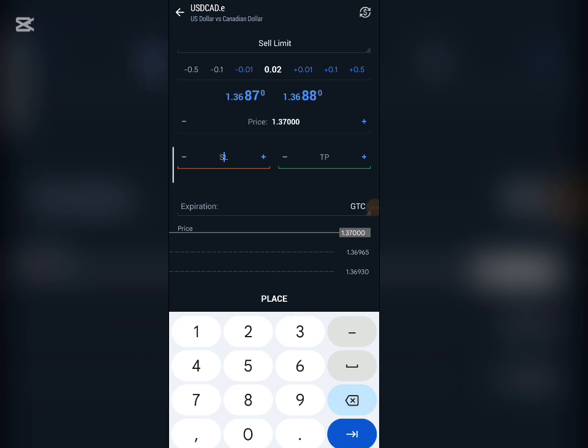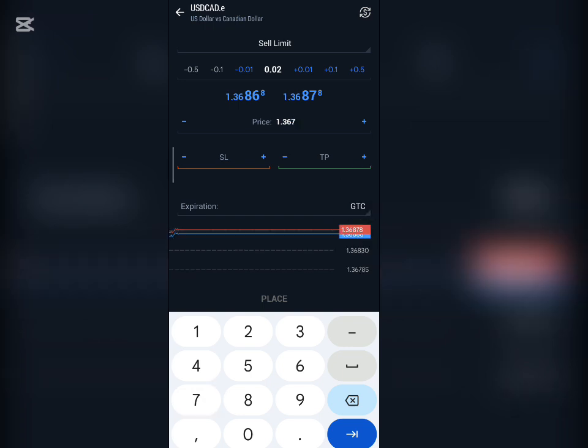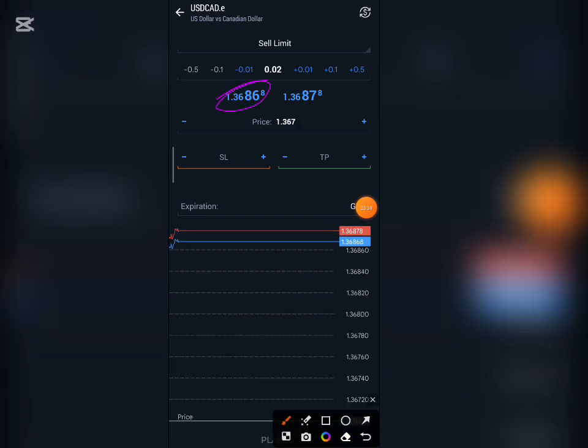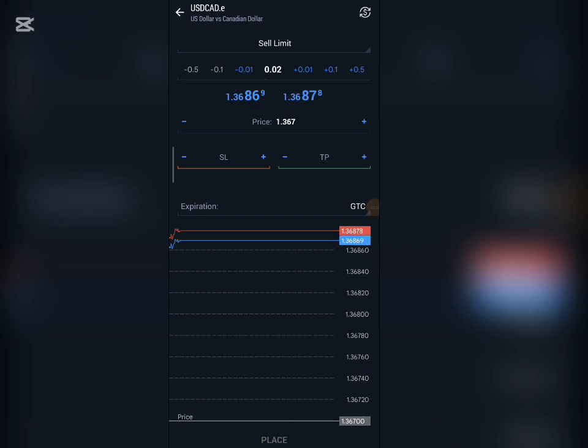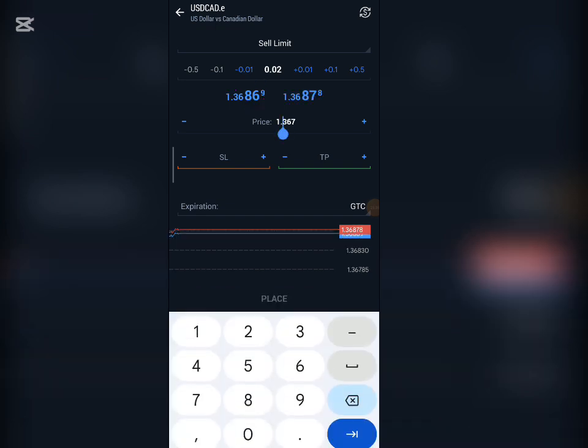Okay, 1.367, because this is where the price is currently. You can see that the price is currently at 1.3686. So if we want to enter this trade now, we have to put 1.37.